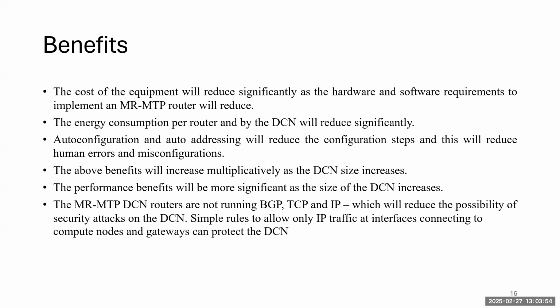Auto configuration and auto addressing will solve so many of the human error and configuration problems we face today, and this will have a multiplicative effect as the DCN size increases. And in an MR-MTP DCN router, because we do not use BGP, TCP, IP, we are circumventing or mitigating all the threats that can be posed against these 3 protocols.